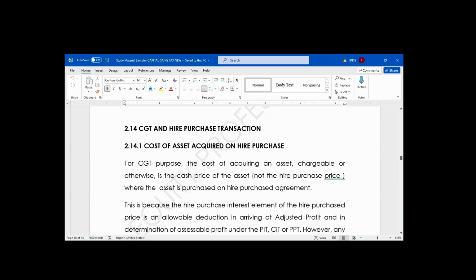First is when you acquire an asset under hire purchase transaction and that asset was later disposed.